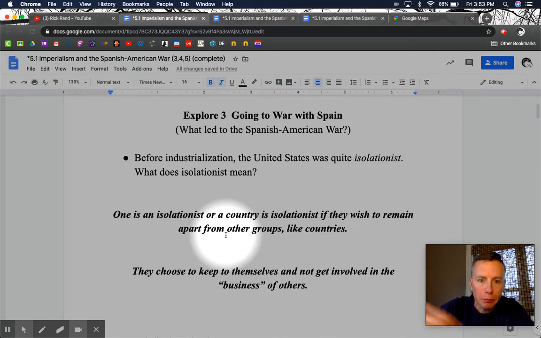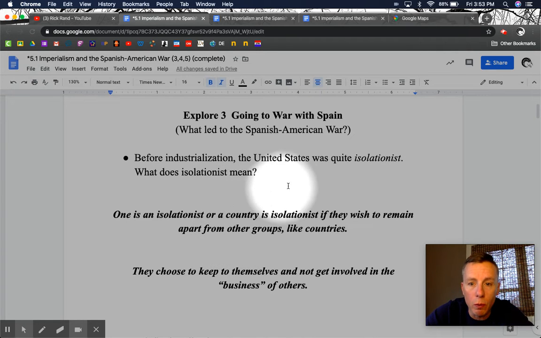All right. So we're all familiar with industrialization. It was a time period where lots of industry. In your head, you should be thinking about what right now if we're talking industrialization? Mine's brick, has a bunch of smokestacks. It's called a factory. All right. So before that, we were pretty isolationist. What does isolationist mean?